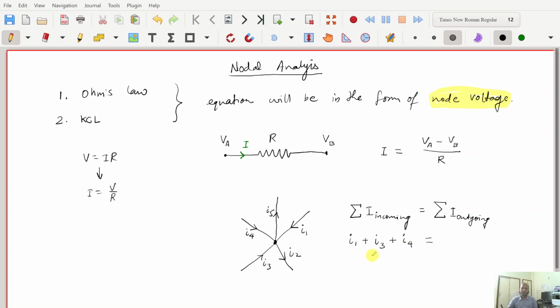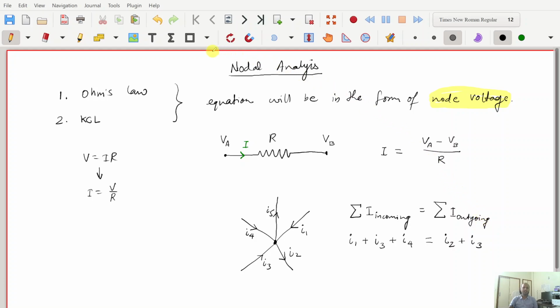When we sum up all the incoming current, that will be equal to the sum of outgoing current. In this case, the outgoing currents are I2 plus I3. So this is the expression and this is the definition: the sum of incoming current is equal to the sum of outgoing current for Kirchhoff's current law.